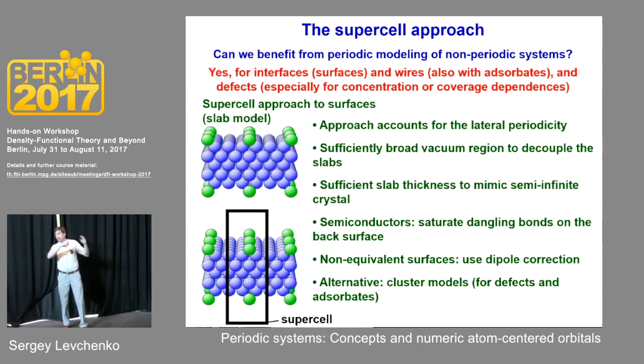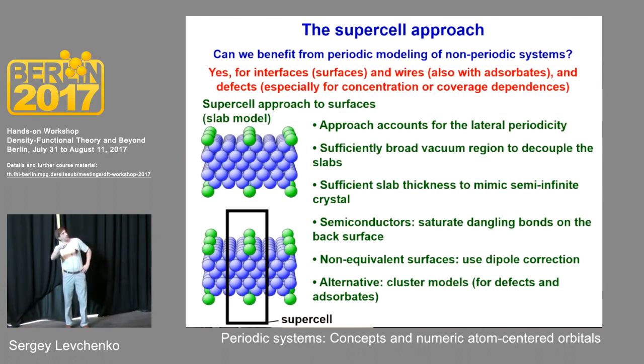Now if we periodically repeat it, we get a slab with two surfaces, which is periodically repeated in the direction normal to the surface. This is formally a three-dimensional periodic system, but we model a surface with this approach. It allows us to account for lateral periodicity, which is very nice. So we have robust boundary conditions in the plane of the surface.